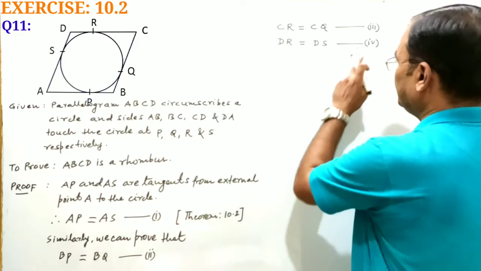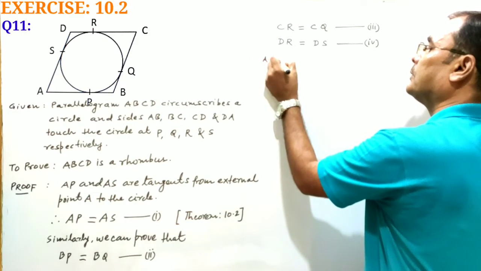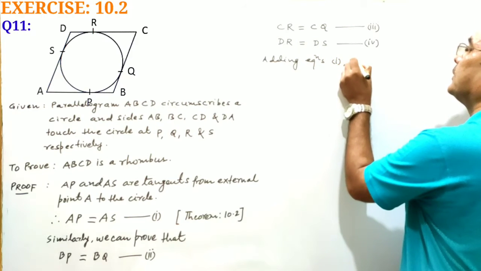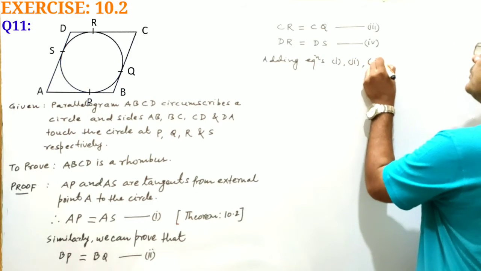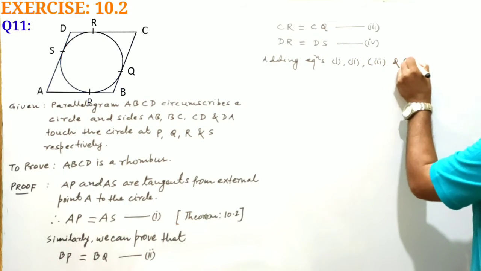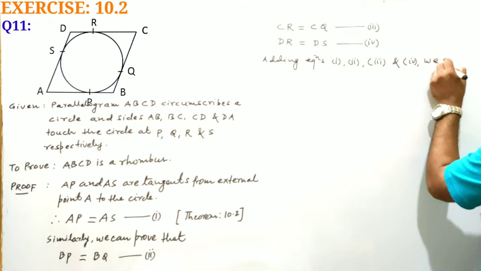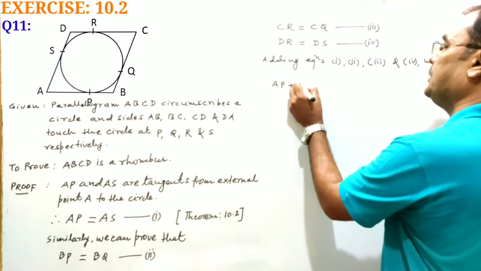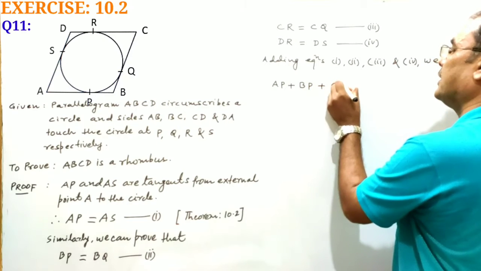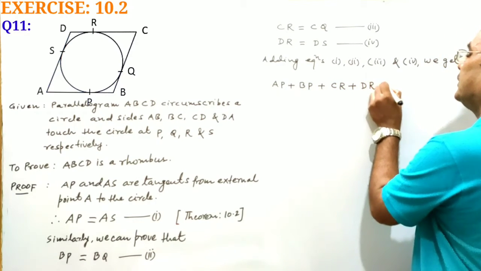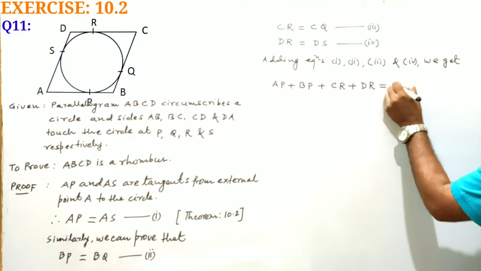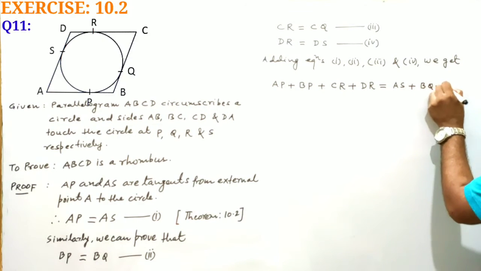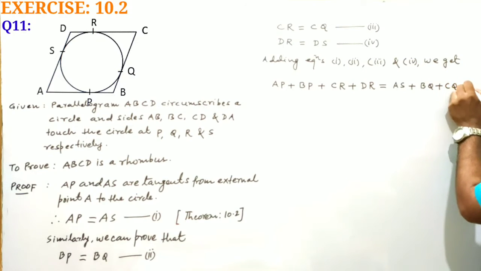Adding equations 1, 2, 3 and 4, we get AP plus BP plus CR plus DR equal to AS plus BQ plus CQ plus DS.